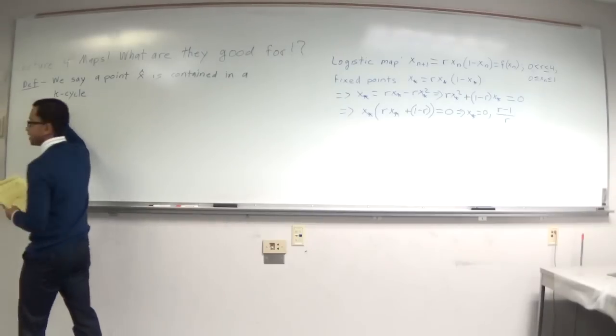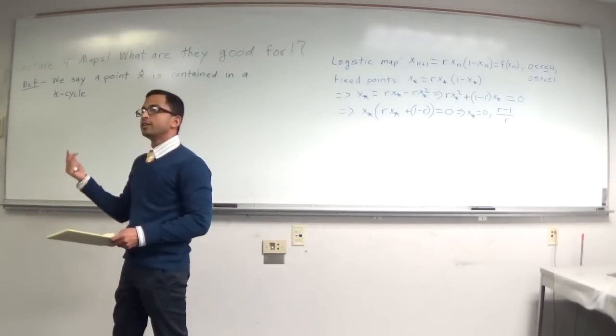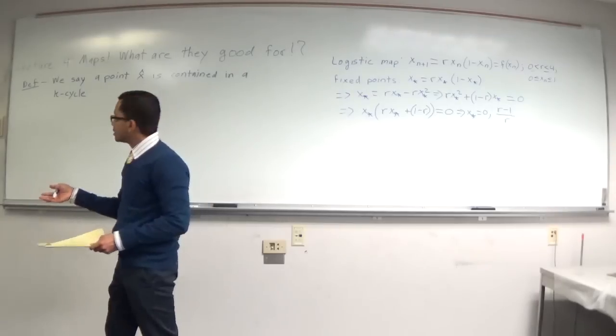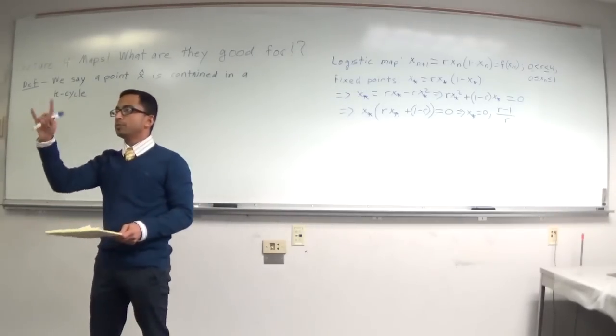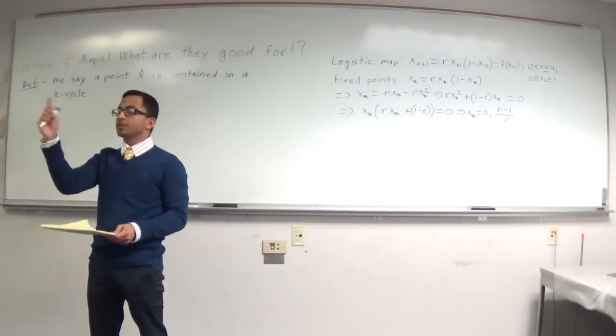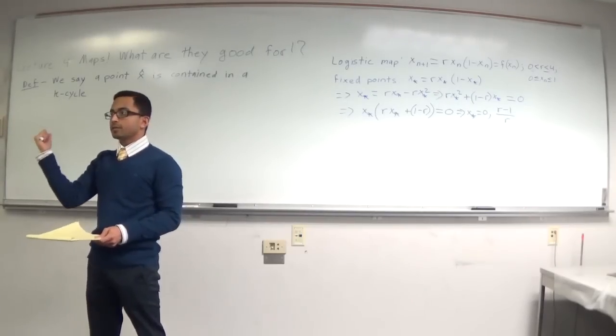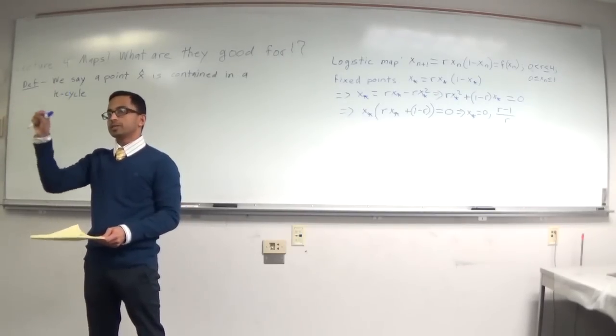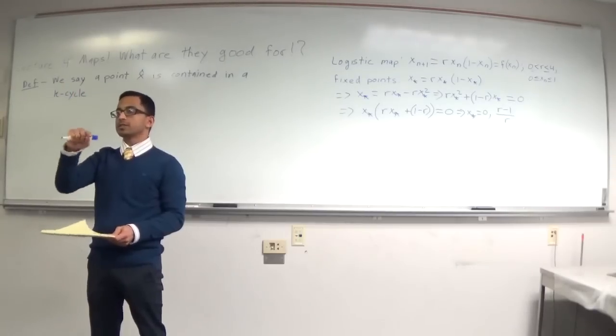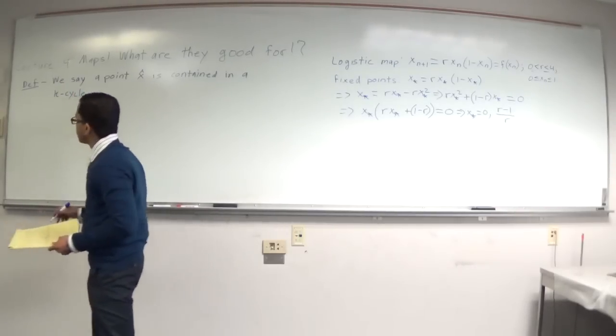So that means k can be 2, 3, 4, etc. So a 2 cycle is where we have 2 points that bounce back and forth between them. And then if k equals 3, then it's 3 points. If k equals 4, it's 4 points. So that's what k is.